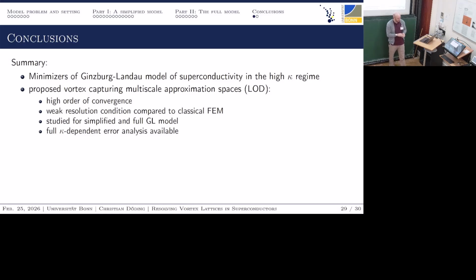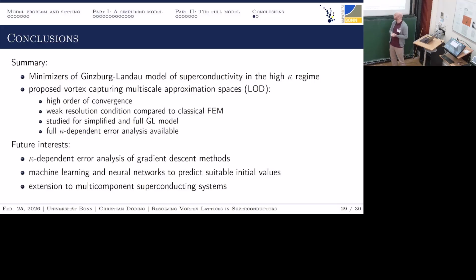error analysis available. In future work, we want to consider gradient descent methods that I just highlighted very briefly there, where we hope we can also do a kappa-dependent error analysis for the convergence. But all these gradient descent methods rely on the question of how to choose the initial value, where you start, and this highly influences to which minimizer you actually converge.